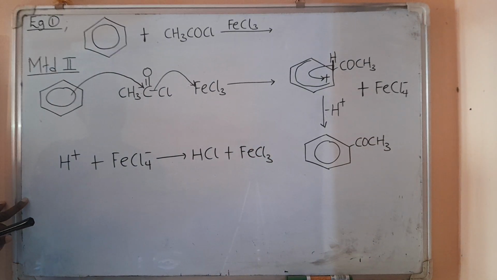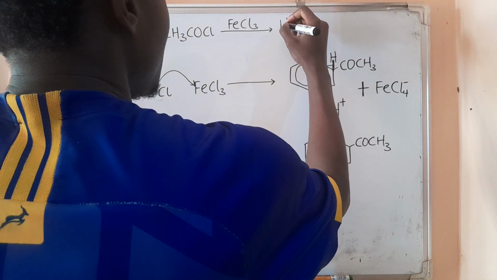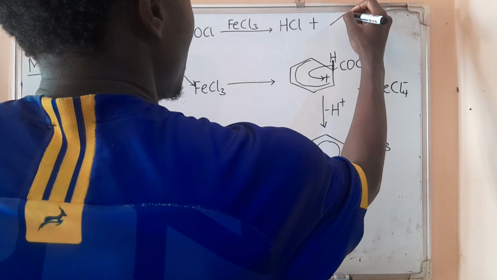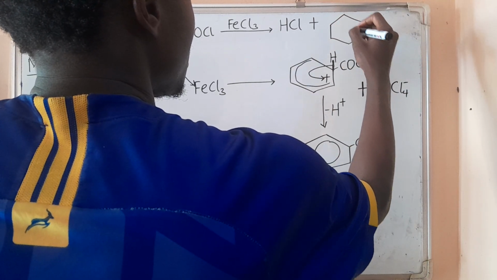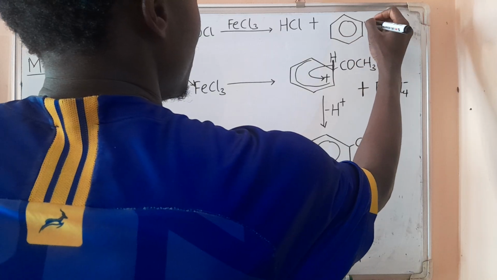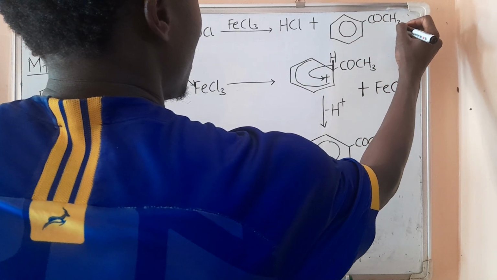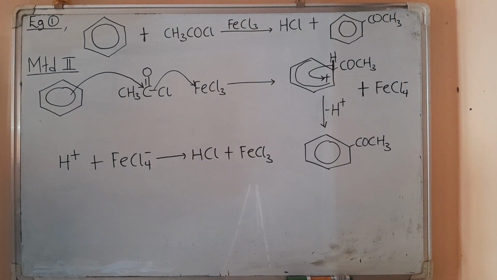Therefore, our products in this case, we have hydrogen chloride plus phenyl ketone. That is method 2, quite similar to method 1.